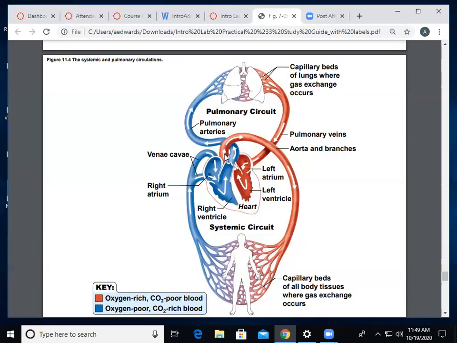Okay. So the right ventricle and right atrium, yes, they take in the deoxygenated blood.